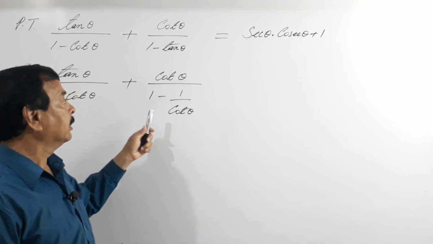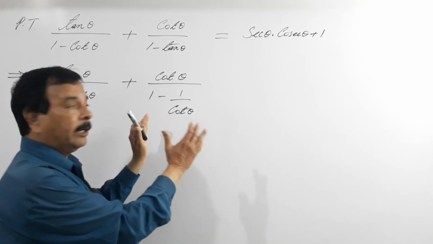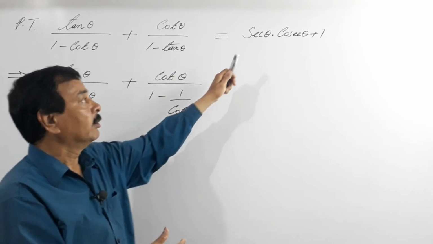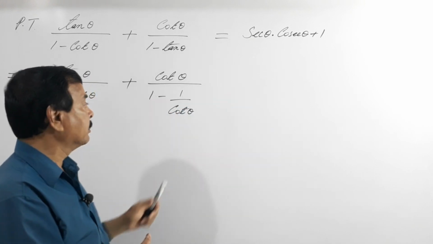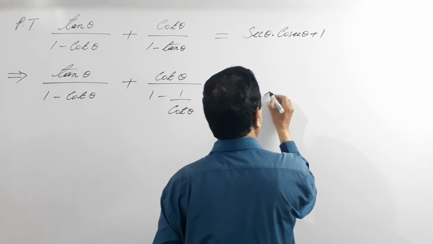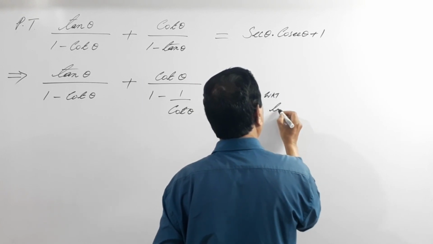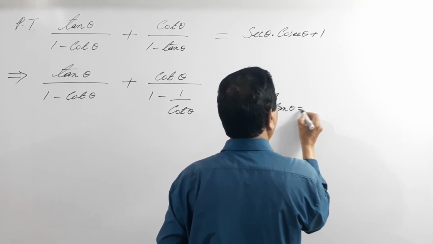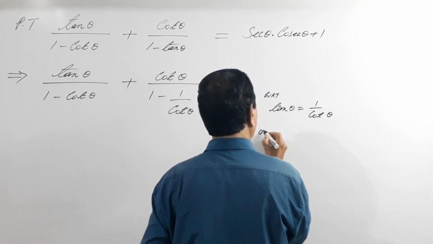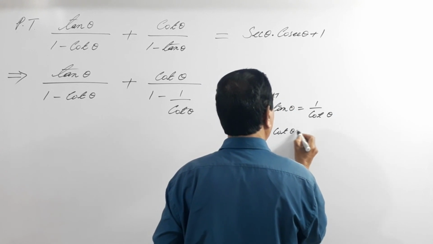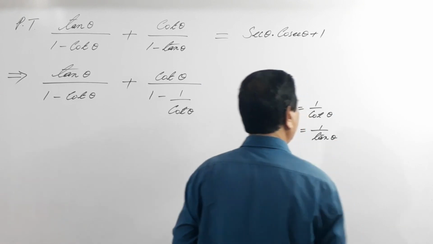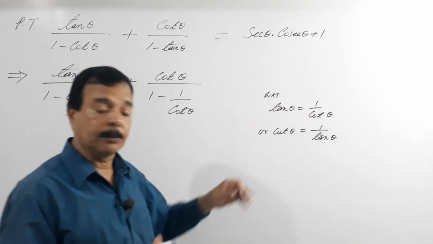What happens here? It will be easy for you to solve the right hand side, because everything is being brought out in terms of cot theta. We know that tan theta is 1 by cot theta, or cot theta equals 1 by tan theta, because they are mutually reciprocals.